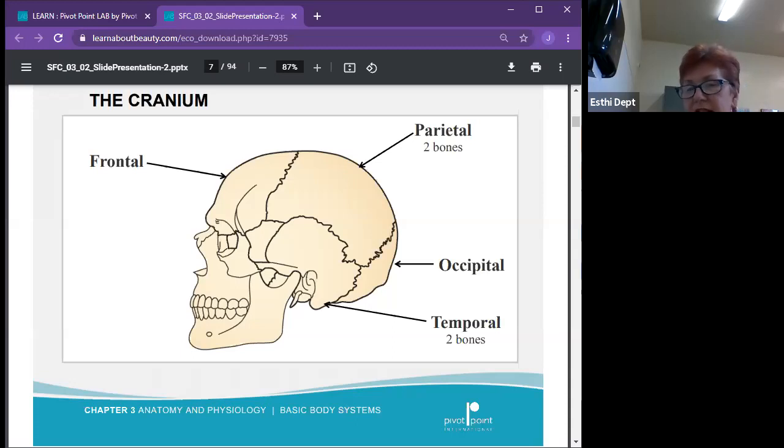So does anybody need any of those repeated? I think you have an illustration at the bottom where it says label the cranium, am I right? Okay, so if you were labeling it, 1 would be frontal, 2 and 3 would be parietal, 4 occipital, and 5 and 6 would be temporal.